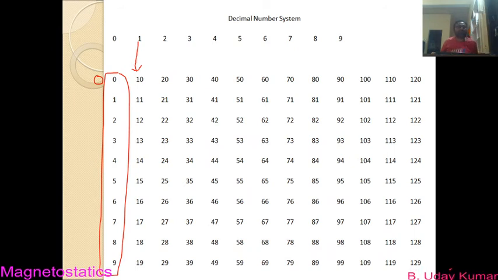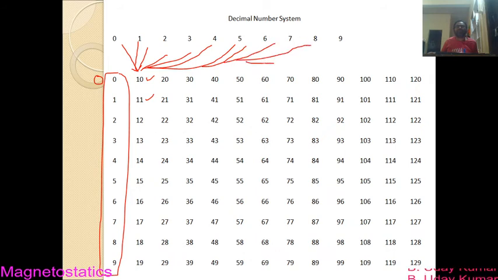What do you get? 10, 11, 12, 13, 14, 15, 16, 17, 18, 19. The combinations that are possible with 1 in the decimal number system run from 10 to 19. So this is how we write.